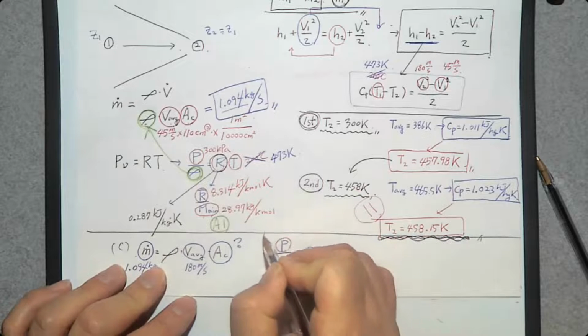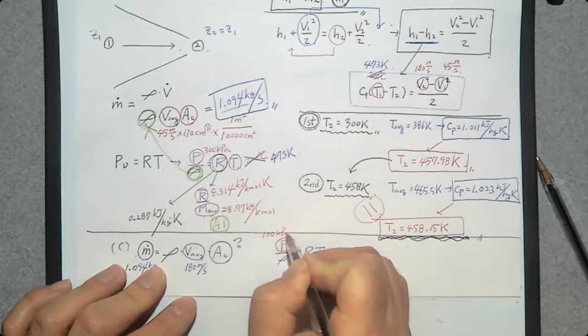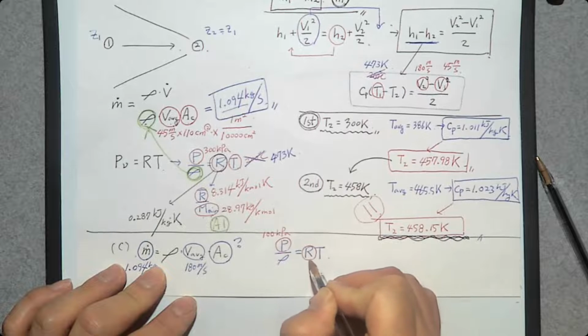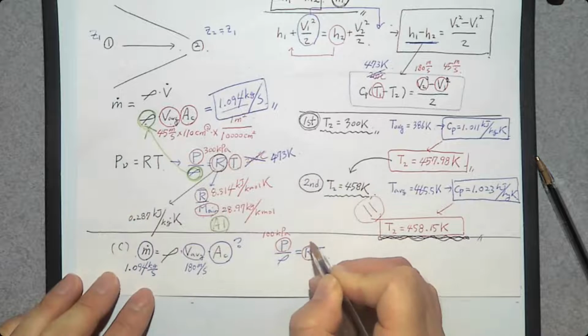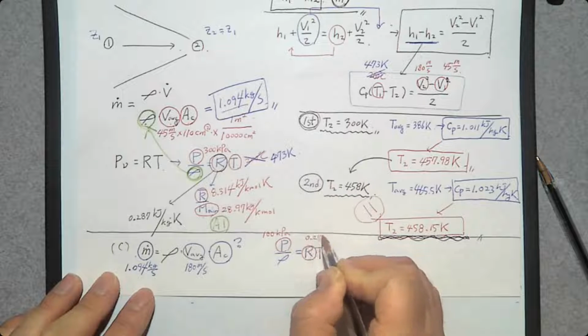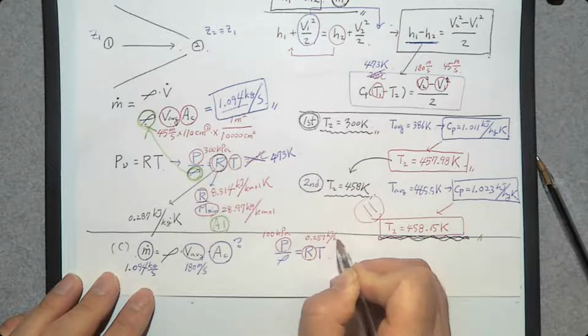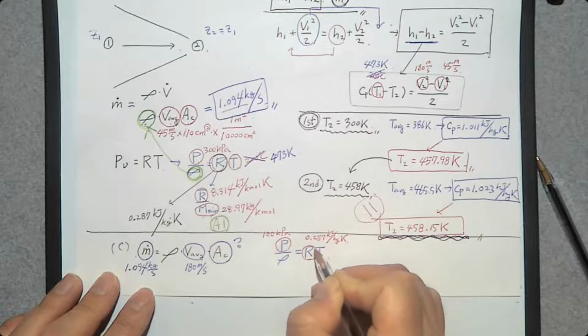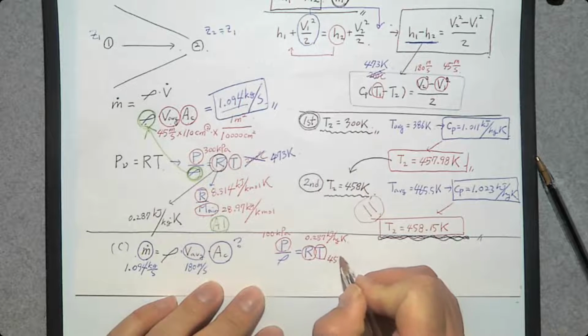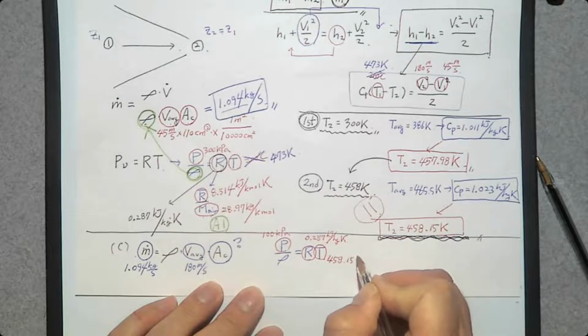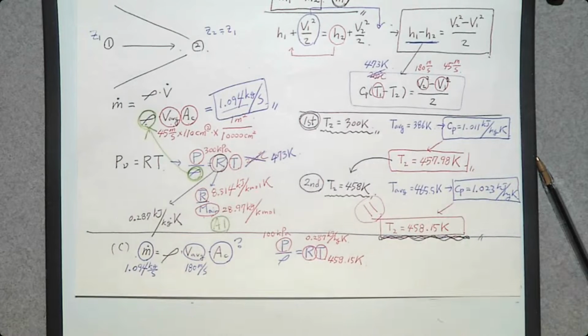What is the gas constant? 0.287 kilojoule per kilogram Kelvin. What about the temperature? Oh, we found the temperature from the previous problem, 458.15 Kelvin. So we have everything.